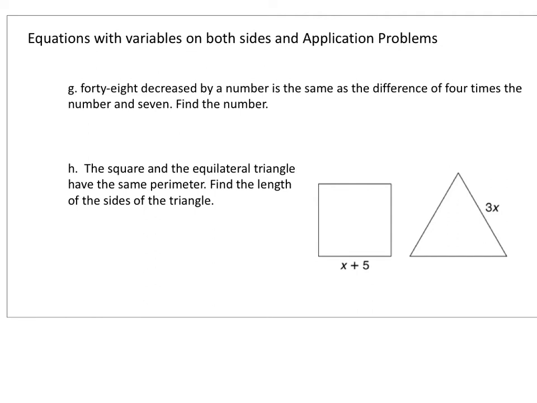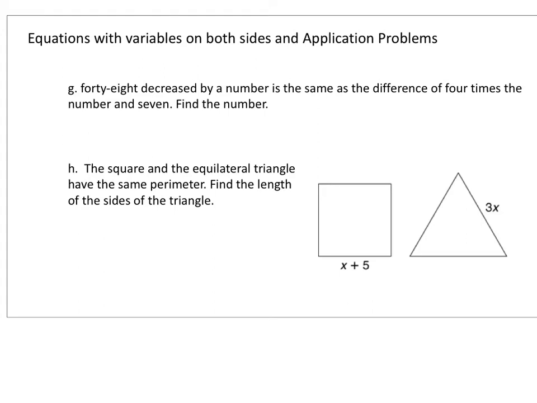Now these two problems are not quite as similar as the other pairs of problems that we have done. So we might just solve both of these together. So on that top one up there, G, 48 decreased by a number is the same as the difference of 4 times the number and 7.